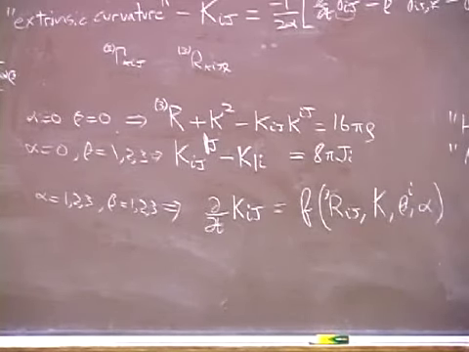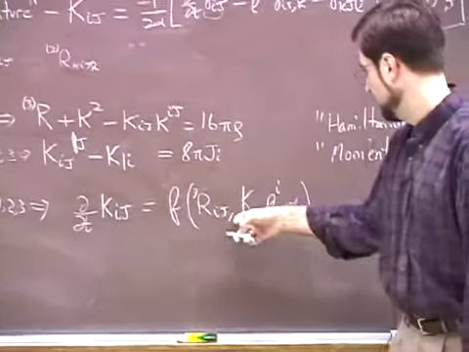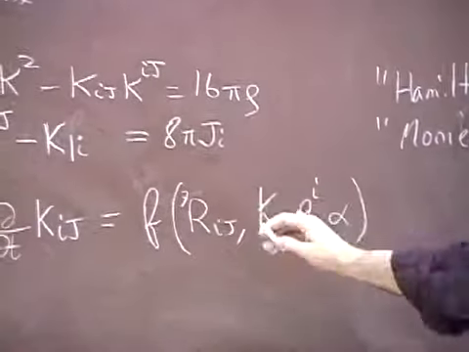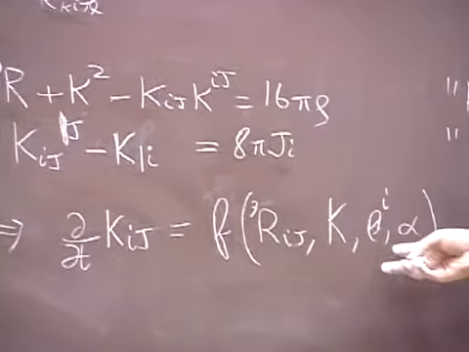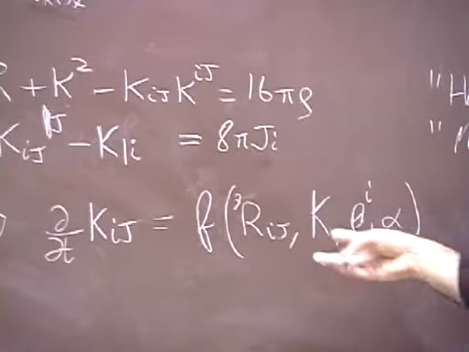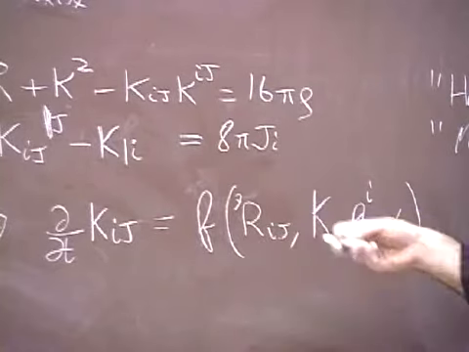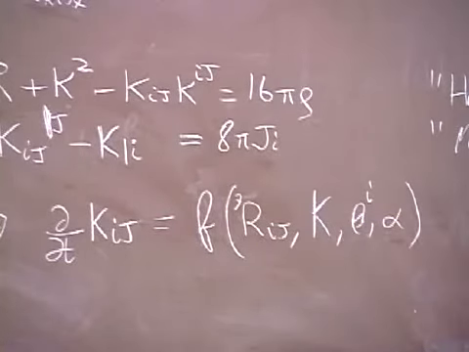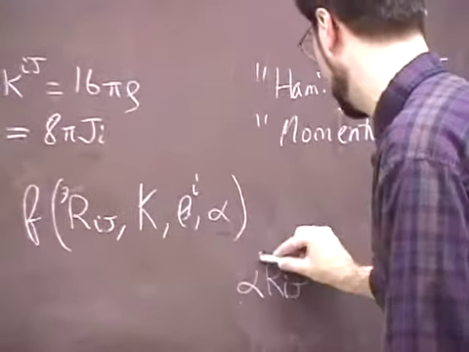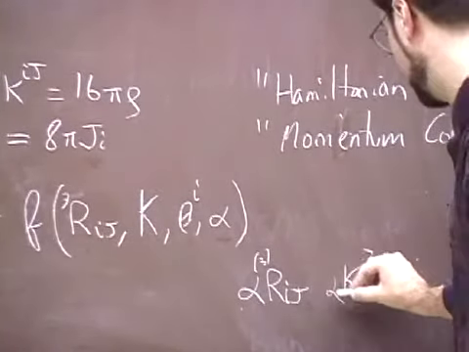Which of those is it linear in? It's linear in betas and alphas, but alpha's linear with itself, and beta's linear, but there's alpha multiplied by all kinds of other things. It's nonlinear in K, and this Ricci tensor is nonlinear to begin with. So it has terms that look like this, and then there's K squared terms with an alpha in front.